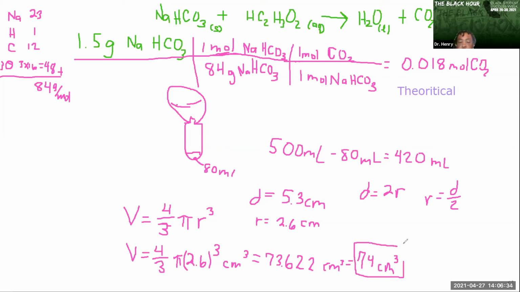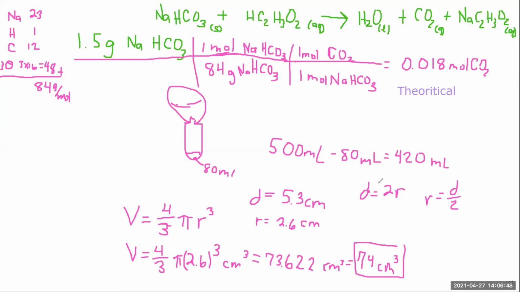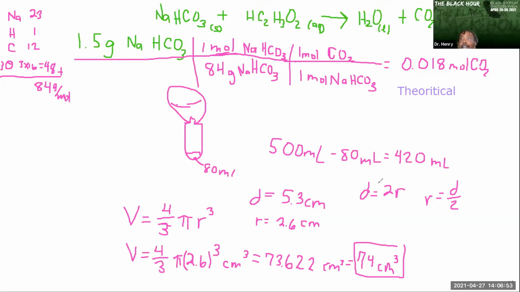Okay, how are you guys doing so far, right? So now we have cubic centimeters, but we know that we had gas occupied in milliliters. How do I change cubic centimeters into milliliters? It's the 1-to-1 conversion factor. 1 centimeter cubed equals 1 milliliter. So 1 cubic centimeter equals 1 milliliter.